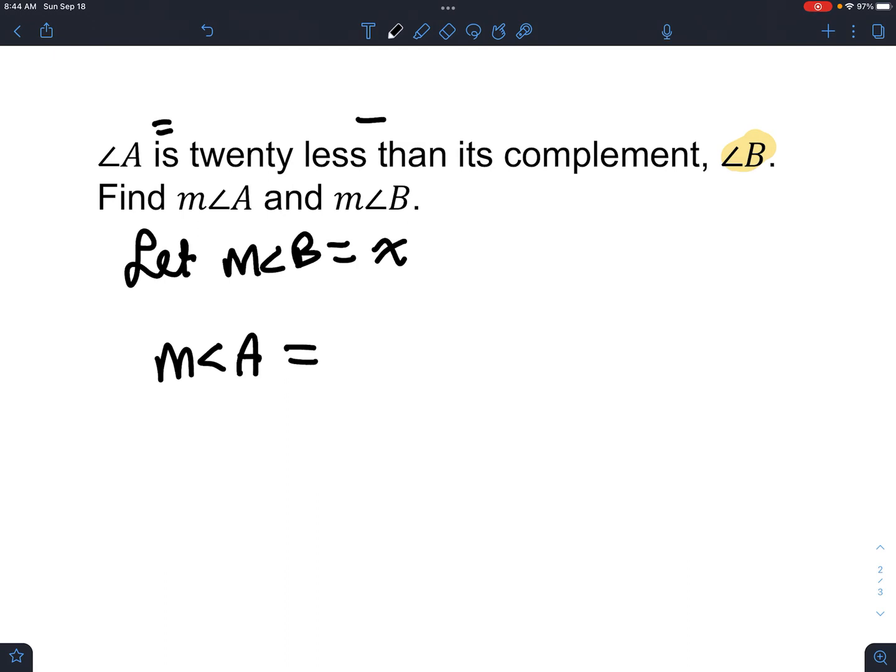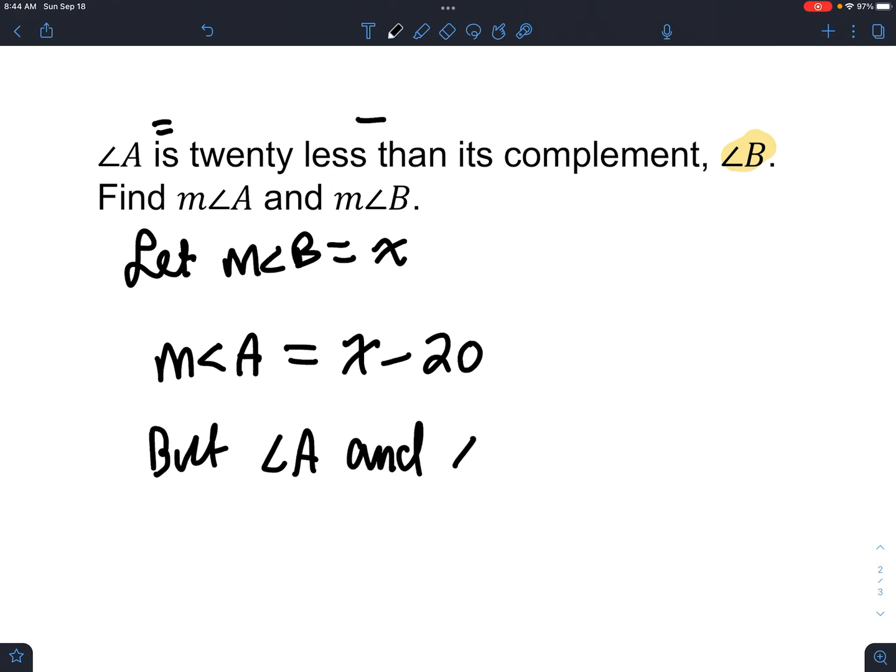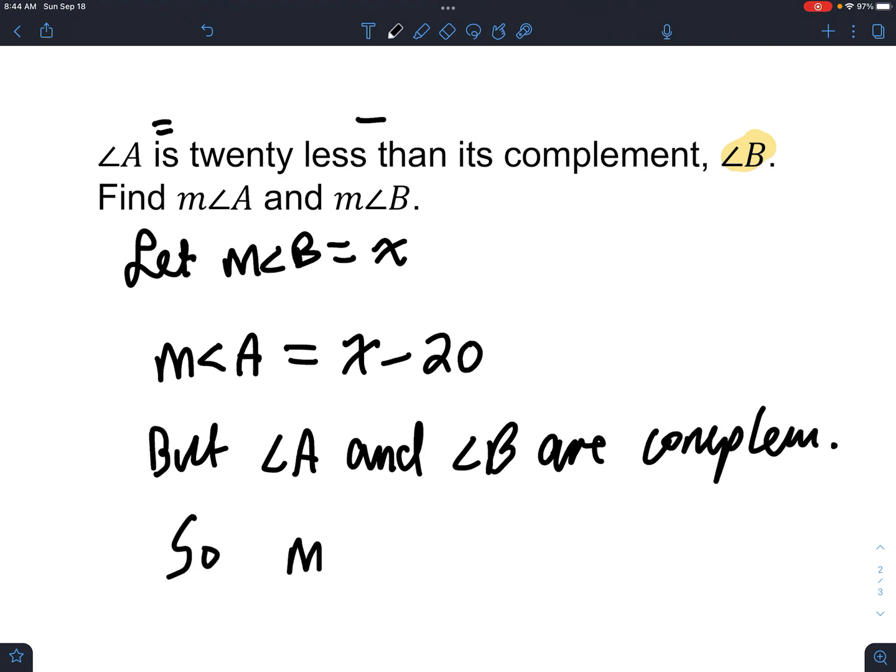So if we're 20 less than X, it's X minus 20, because it's the value of X, but take away 20 from it. Okay? But angle A and angle B are complementary. So if you add them up, you should get 90.